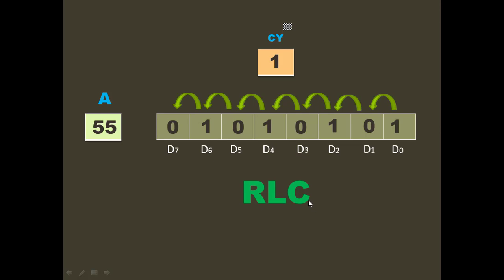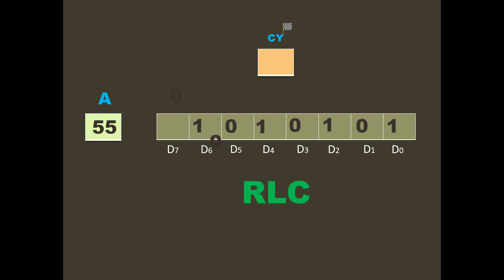What happens to D7? So D7 shifts to carry, and D7 also shifts to D0. Okay, so this is one of the basic differences between RLC and RAL that we'll see afterwards. So this is what happens. Let us see, this is how the bits go on shifting.